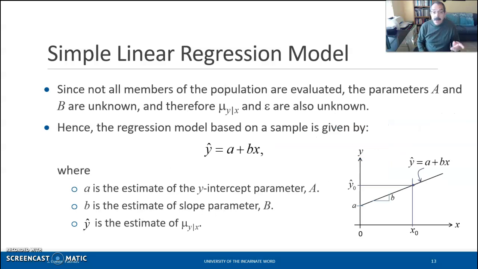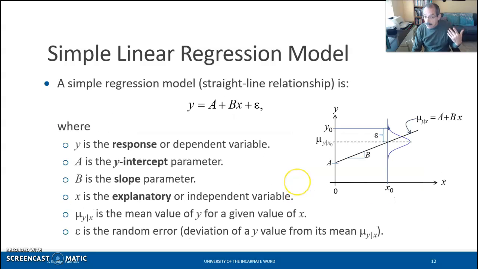All right, so with that in mind, I was mentioning that these are parameters. If you recall from Modules 3, 5, 6, and 7, every time we talked about a parameter, we were talking about a characteristic of a population.